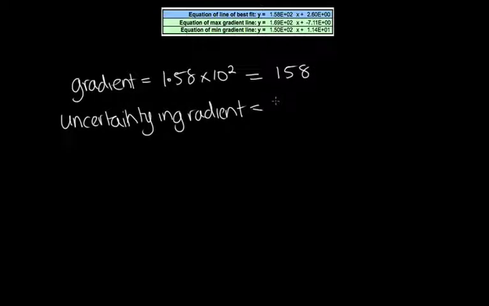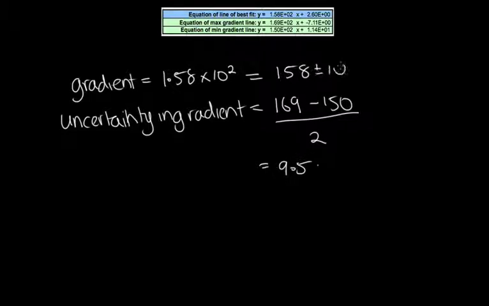So that is 169 minus the shallowest gradient, which is 150, divided by 2. So I always do the biggest minus the smallest divided by 2 to get our uncertainty. When we do this for the gradients, we end up with 9.5. And so our gradient is equal to 158, and 9.5 we'll round up, plus or minus 10.